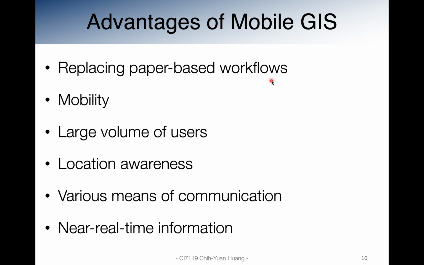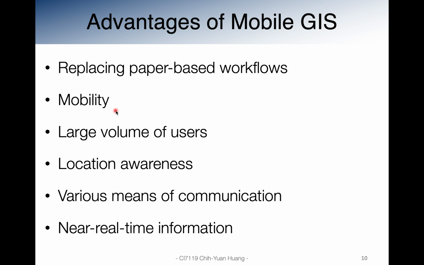The other advantage of mobile GIS is mobility, or portability. You can bring your mobile device everywhere you want and collect information at different locations. That is one critical and very important advantage.